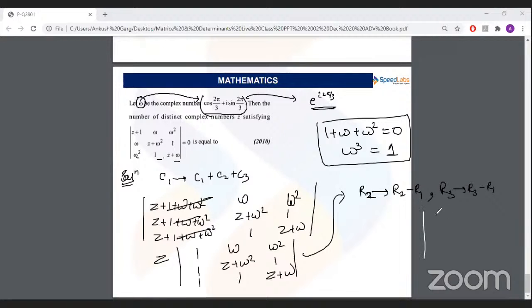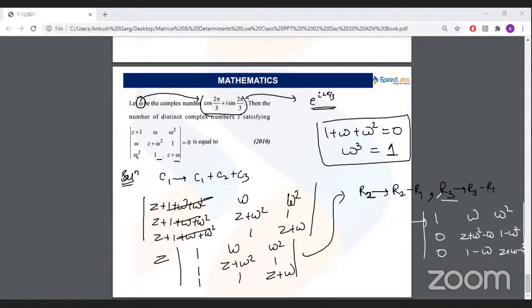R1 will be as it is, since we are changing R2 and R3 only. So 1 minus 1 is 0, Z plus omega square minus omega, 1 minus omega square. Here also it is 0, 1 minus omega, Z plus omega minus omega square.